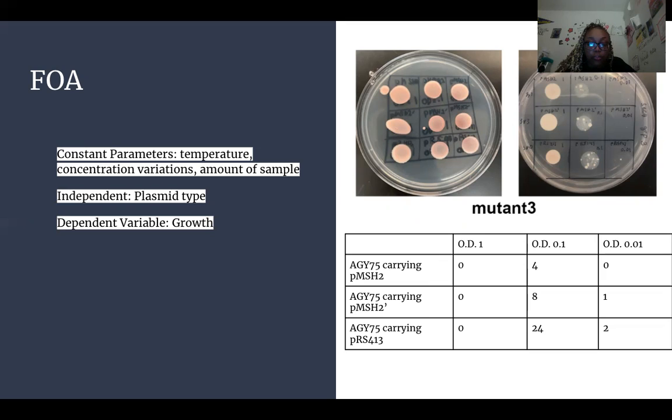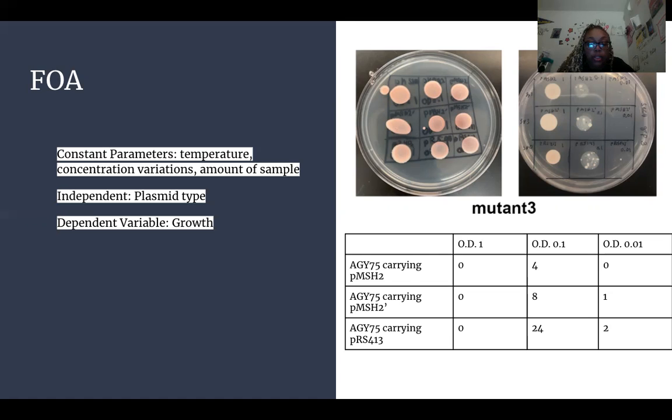The amount of FOA plate growth is essentially very similar in each of the strains based on their concentrations. The OD 1 concentrations had no growth, whereas the OD 0.1 concentration has some growth on each. The OD 0.01 concentration had a tiny amount of growth too, and the concentrations had more of an effect on the growth than the yeast strains.